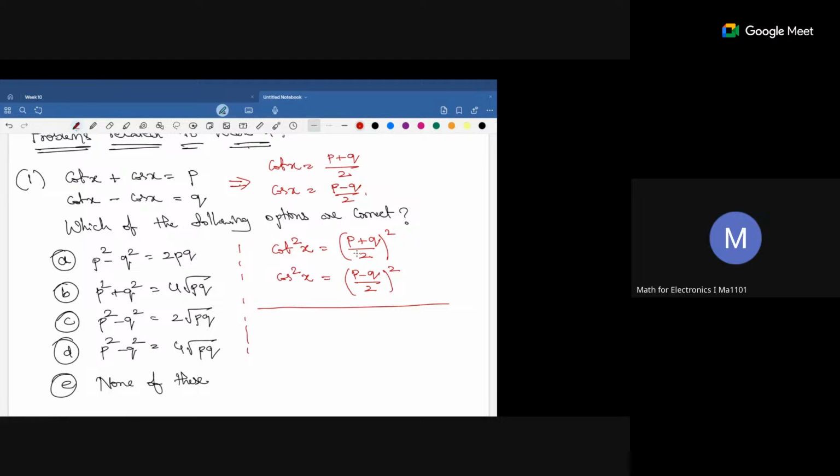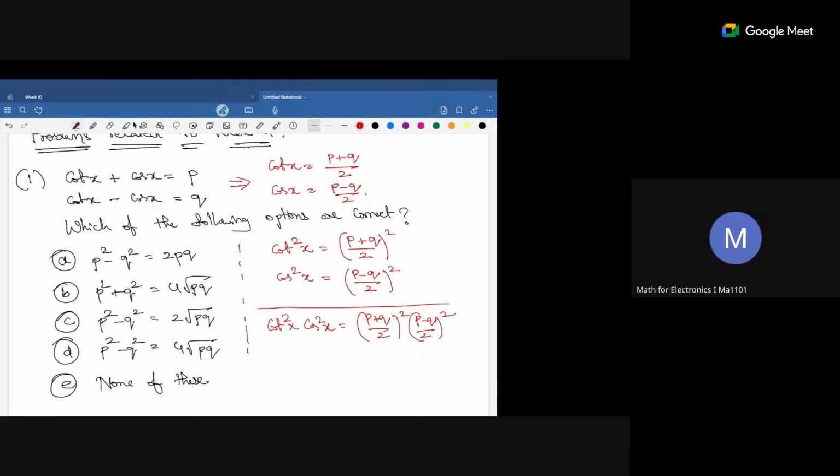If I need p square minus q square, I just multiply these two. If I multiply cot square x with cos square x, on the right hand side I will get ((p plus q) by 2) whole square into ((p minus q) by 2) whole square.